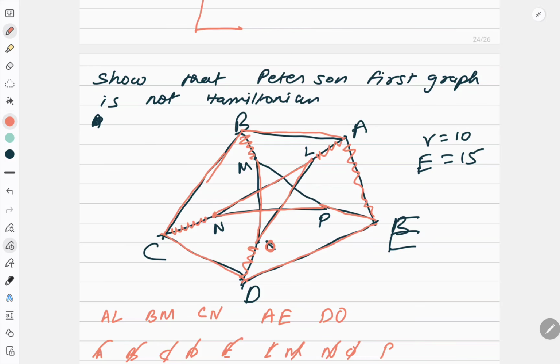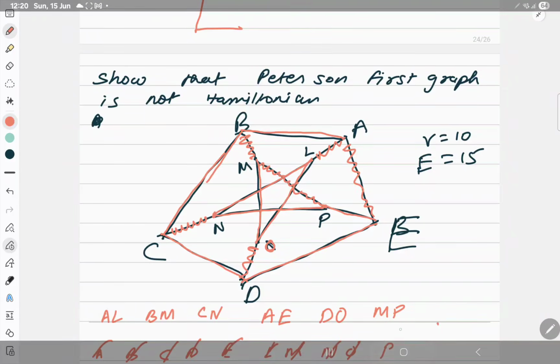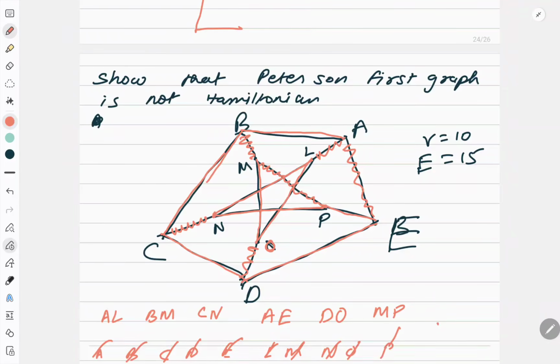And how many edges have I already deleted? AL, BM, CN, OD, AE, and now here when I come to P I need to delete one. So this one was also deleted. Correct. So MP is also deleted. So P is also gone. Right? P is also gone means what?